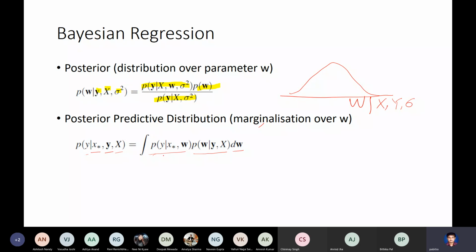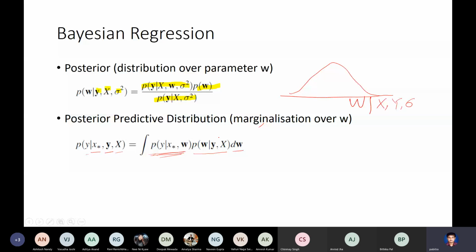So I am marginalizing. Look at this term. This is p(y) given the estimate of w and the input x star. If you fix your w, for a single value of y this will give you a single probability value, and if you look at all y, it will give you a distribution.